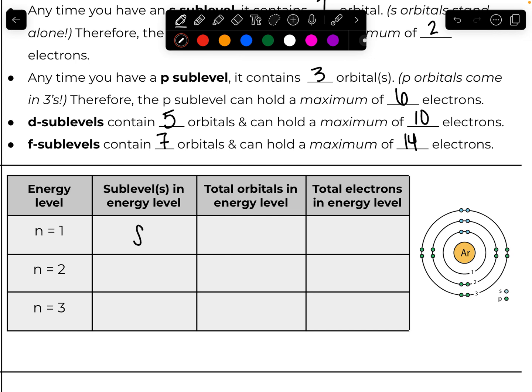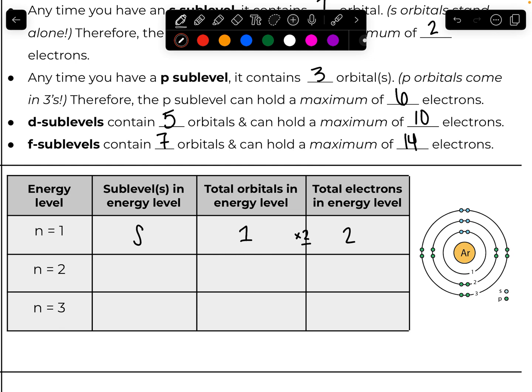There's only 1 orbital in that s sublevel. And so the total electrons that can fit in that energy level are 2, because this number times 2 will get me the total electrons that can fit in there. So this is why for the Bohr model, only 2 electrons fill in n equals 1, because in that first energy level, the only orbital that exists is s.